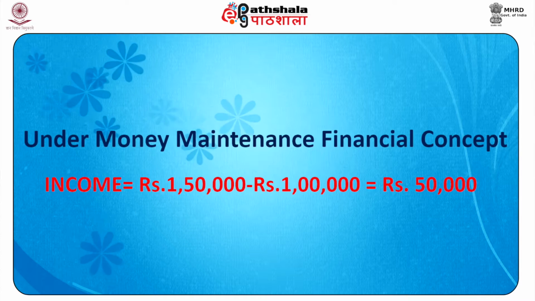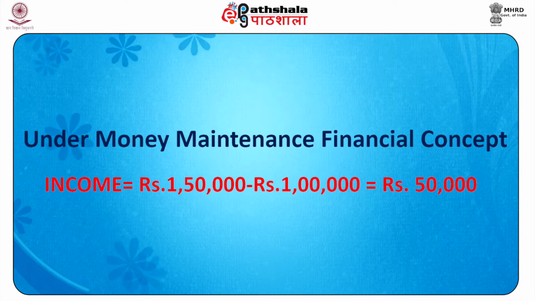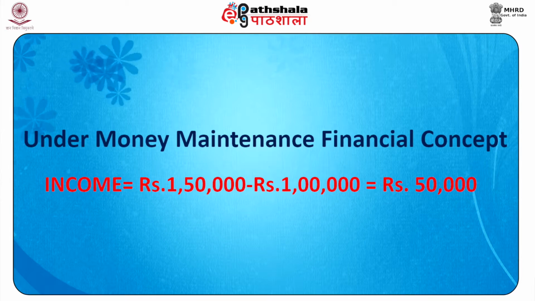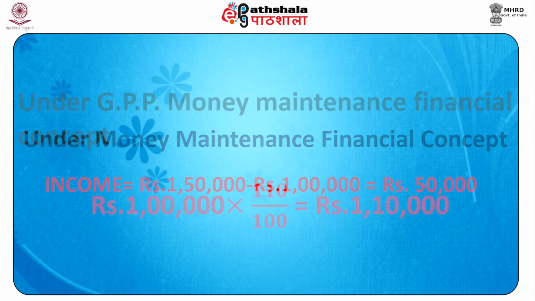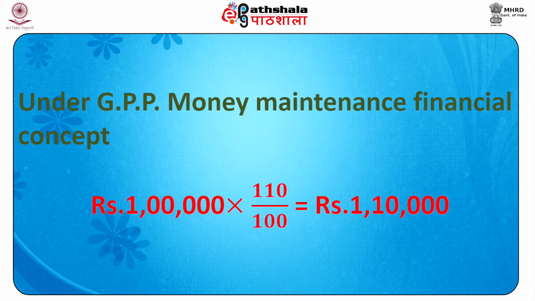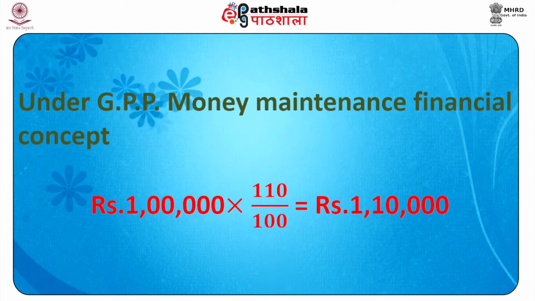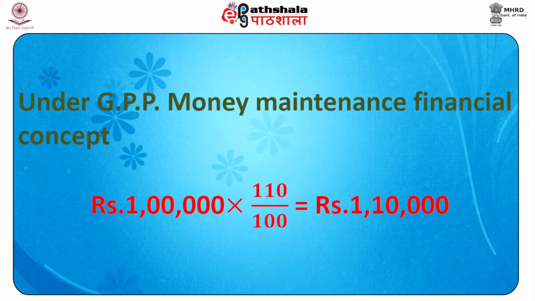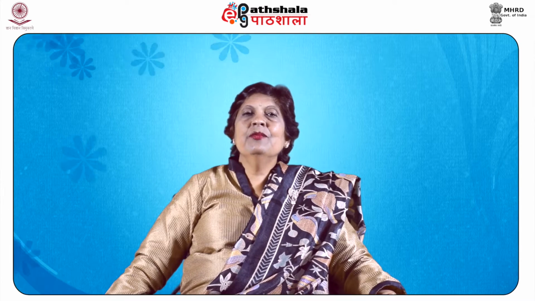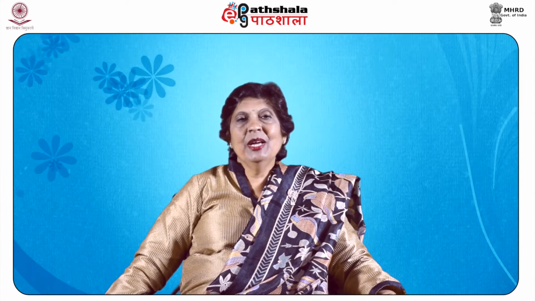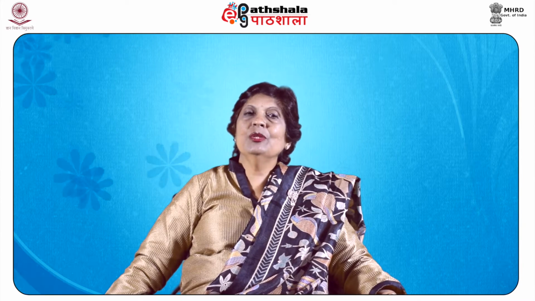Under money maintenance financial concept, income is equal to rupees 1,50,000 minus rupees 1 lakh, which is equal to rupees 50,000. Under GPP, money maintenance financial concept, rupees 1 lakh into 110 upon 100, which equals 1,10,000, and then the adjusted worth of net assets is subtracted from the net worth of assets on 31st December 2013.